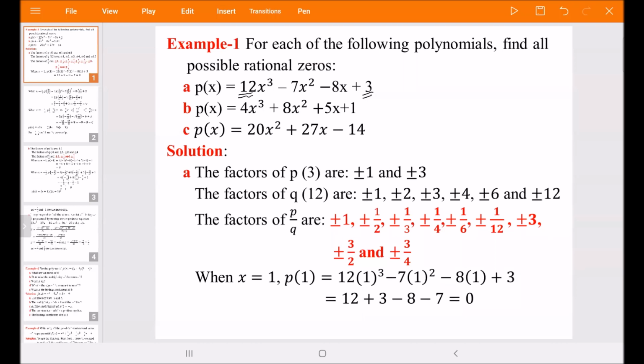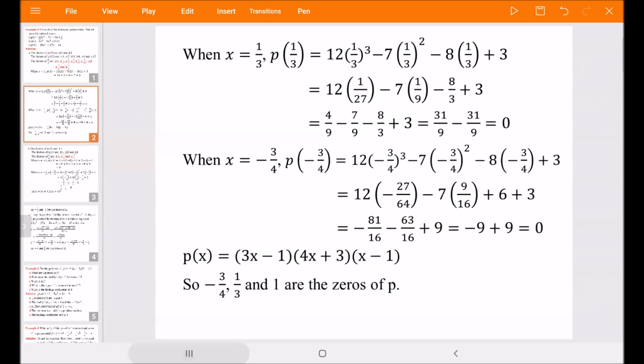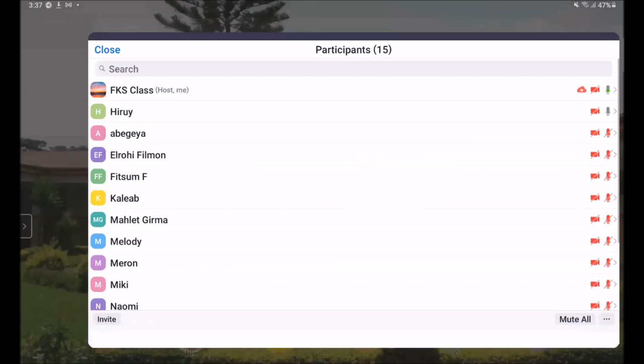Obviously, x equal to 1 is a zero of this polynomial, because 12 times 1 cubed minus 7 times 1 squared minus 8 times 1 plus 3 equals 12 plus 3 minus 8 minus 7, which is equal to 0. Now we obtain 1 zero of this polynomial. Then we have to find the other zeros if they exist. Actually, they exist.